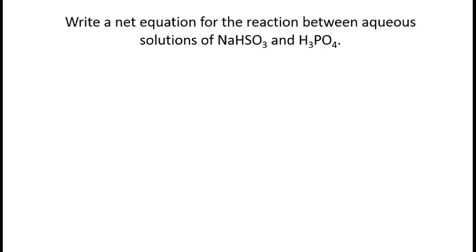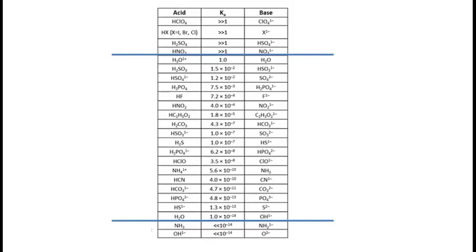Our next example asks us to write a net equation for the reaction between sodium hydrogen sulfite and phosphoric acid. Sodium is a spectator ion, so we look for HSO3 1- and phosphoric acid on the acid-base chart. We might expect HSO3 1- to be amphiprotic since it has a hydrogen at the beginning of the formula, but also has a negative charge.